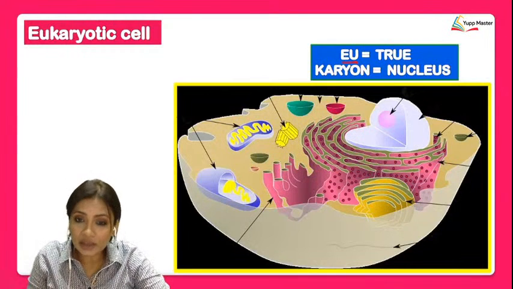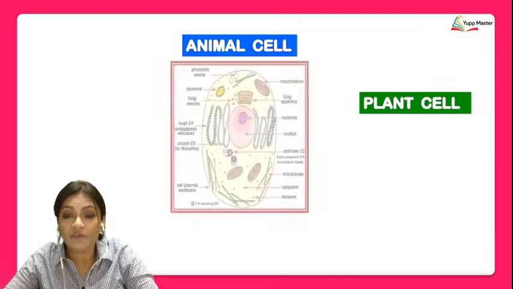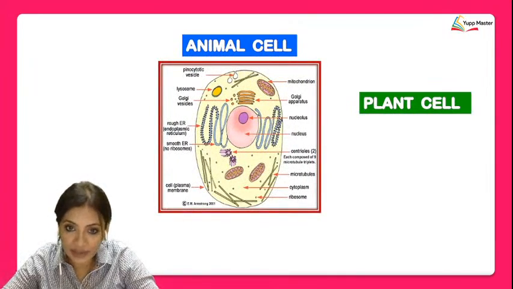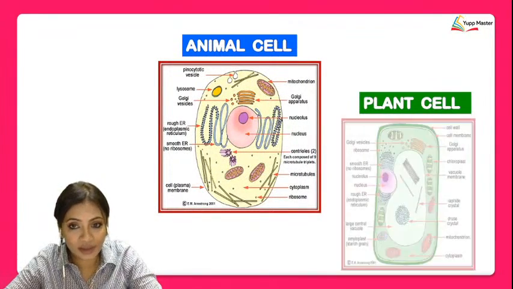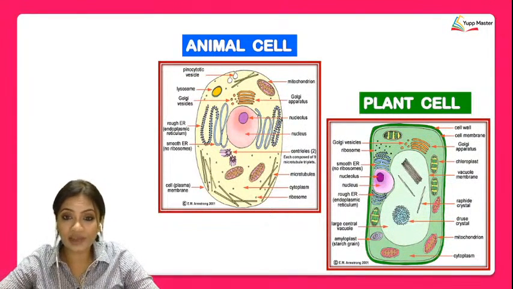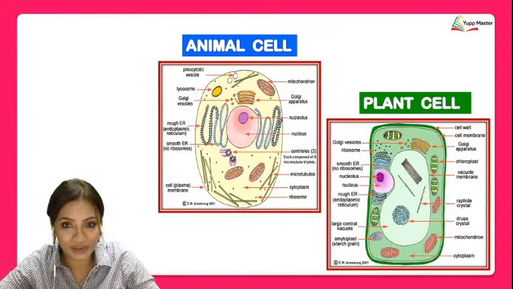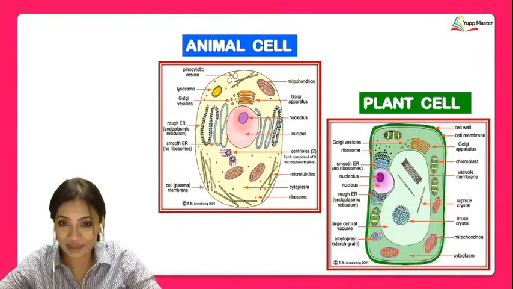Now in eukaryotic cells, we have both types of cells: first we could include the animal cells, and second we also may include the plant cells. You have been doing these from your school days, but let's just say the basic differences.